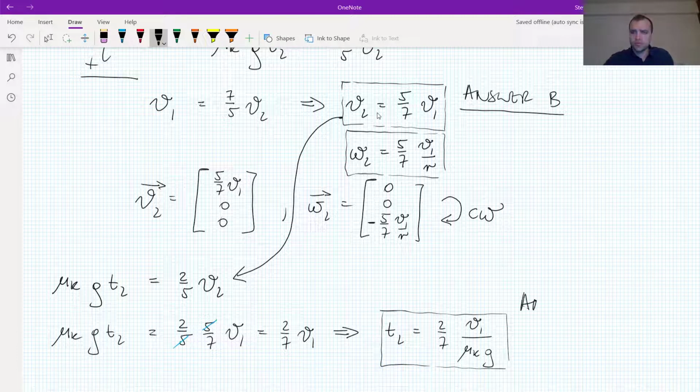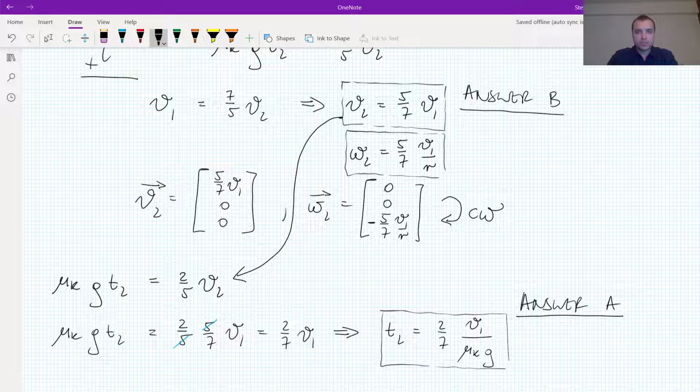This is answer A. And I think that this is the end of the problem. Let me just double check if I have exactly the same answers in my notes. Yes, I have exactly the same answers in my notes. So yes, it looks like this is the end of the problem.